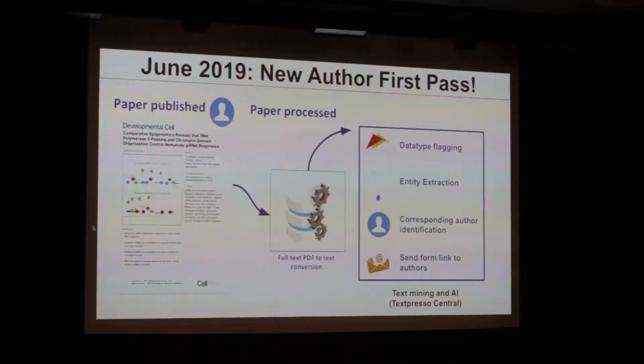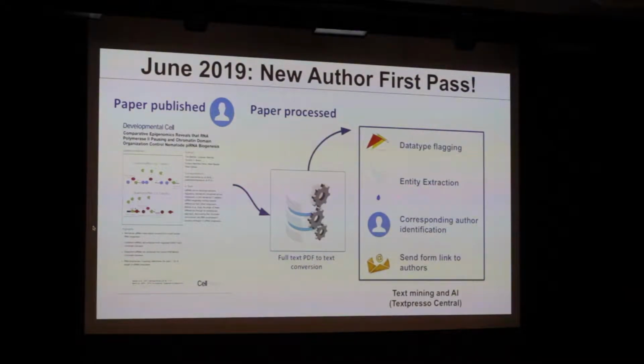Basically the way this works is that when your paper is published and we have the final version of the PDF at WormBase, we will process that to convert the PDF to text. Then we use our AI to go through and identify the different types of data in the paper, for example things like interactions or RNAi phenotypes.